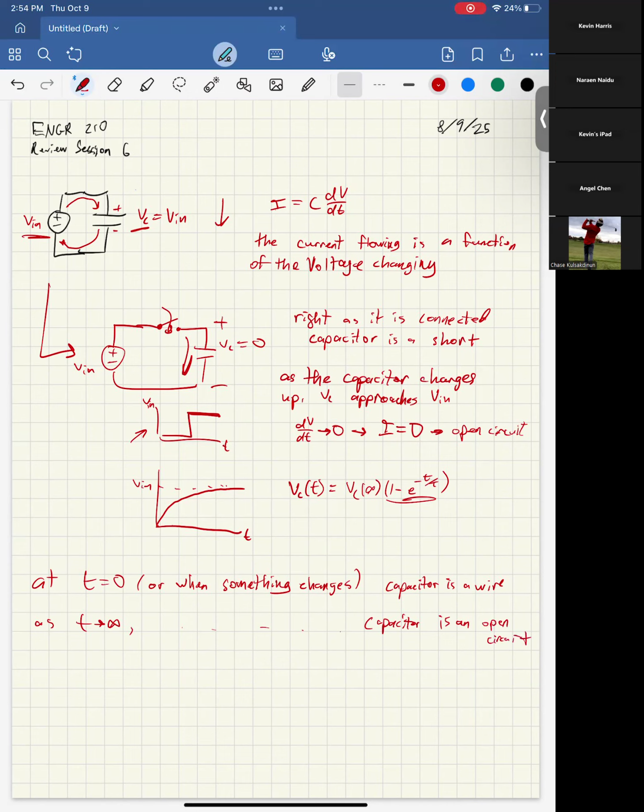Like if we go back to thinking of it as two parallel plates as we did up here, this looks like an open circuit because it is an open circuit.